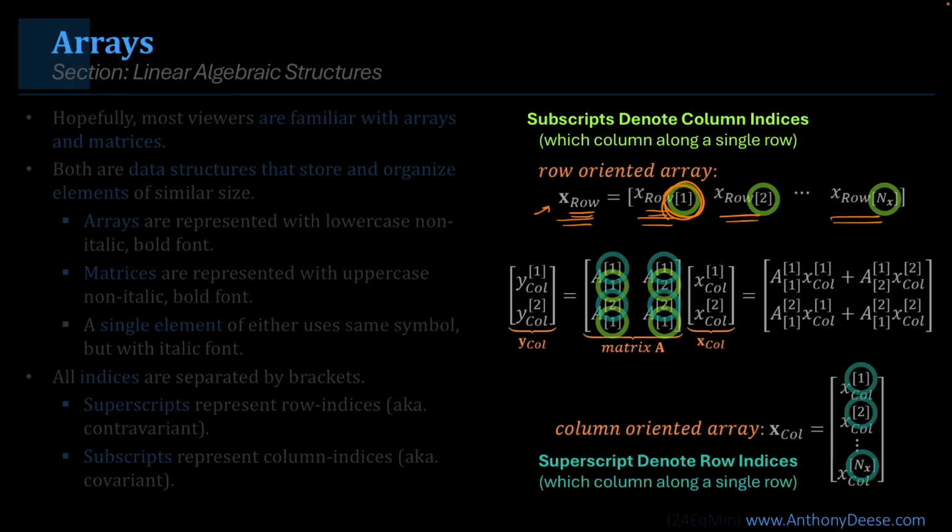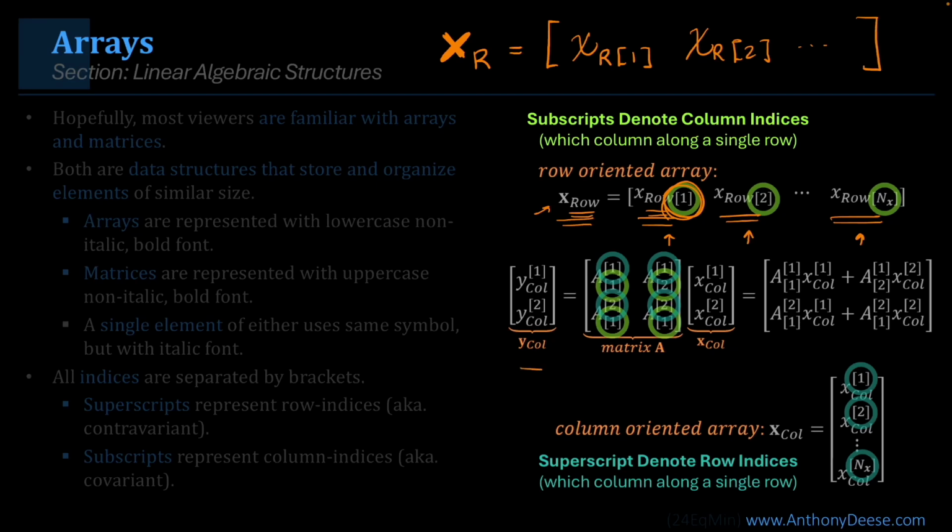And because we're talking about different columns, they are subscripts. So we have, trying to draw it as bold, X row, and that is equal to, and I'll try to draw it as italic, X row 1, X row 2, all the way till the end.